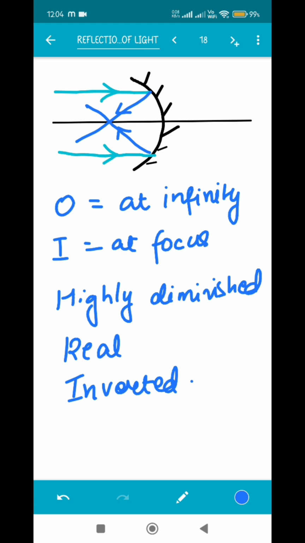A concave mirror forms a real image in all the situations except for one, which we will learn at the end of the video. But in all the other cases, it will always form a real image, and a real image is always inverted. That means if the object is like this, the image will be in the opposite fashion. So this is the first ray diagram for a concave mirror.